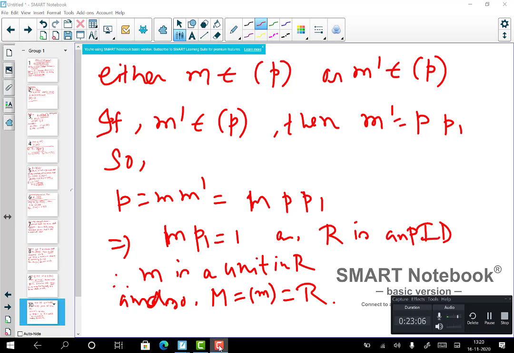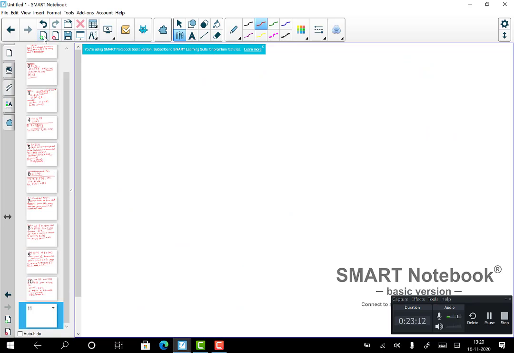Okay, so so far so good. But this is a contradiction, because M is a maximal ideal, right?